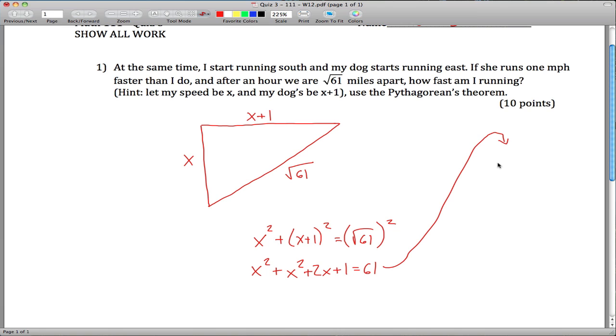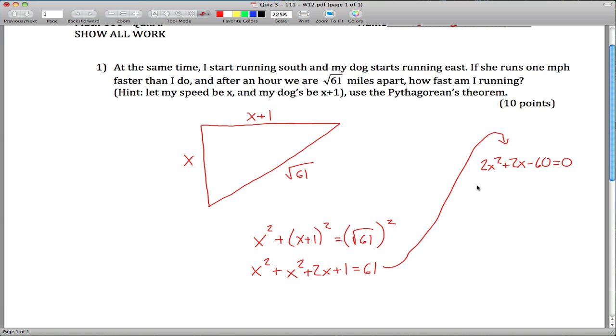So if you subtract 61 from both sides, you get 2x squared plus 2x minus 60 equals 0. Maybe that's a better way.